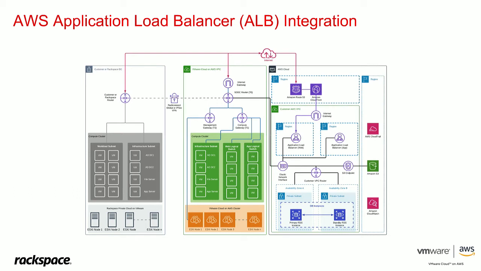So in AWS, your users can come through Route 53 and hit your CloudFront environment. You can even have Certificate Manager, Shield, or WAF taking care of the DDoS and all that kind of protection. Your traffic will hit the application load balancers, but then on the back end, you have the web service sitting in the VMware Cloud on AWS environment. Same with the application service.